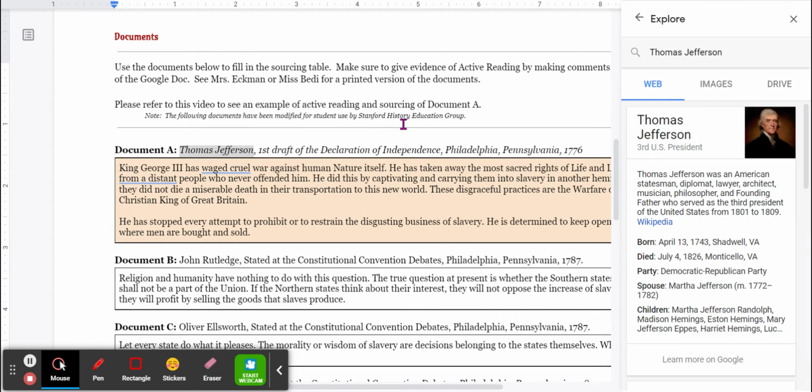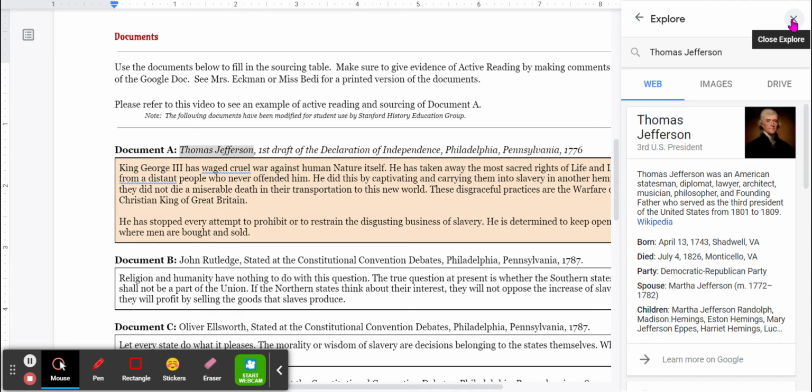So let's explore Thomas Jefferson. On the side here, it tells us exactly who he is. Thomas Jefferson was an American statesman, diplomat, lawyer, architect, musician, philosopher. He's a lot of things, and a founding father who served as third president. If you press Wikipedia, it's going to take you to what he actually did, and you can find out that he is probably basically the main writer of the Declaration of Independence.